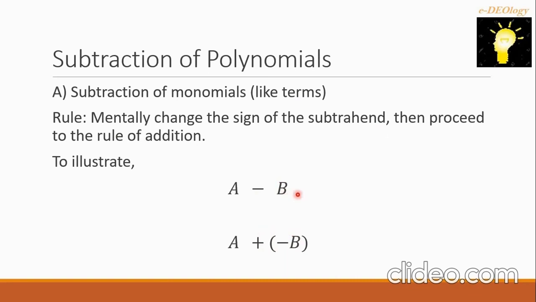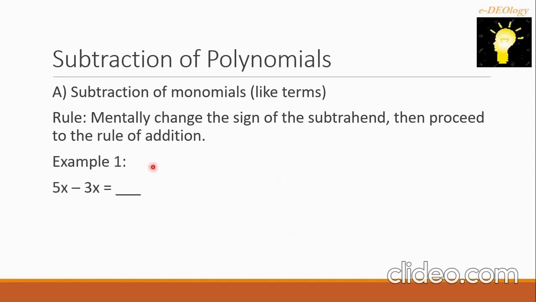On the other hand, if your b is negative, we're going to change the negative into positive. And then we will use the rule of addition to combine the a and this b with a new sign, and we will get this variable c, or the difference c.